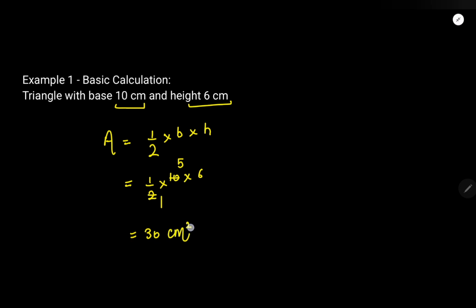You know what? Area is a two-dimensional quantity. When we were finding perimeter, the unit was just centimeter. But in area, the unit is centimeter square. Because now you are multiplying two quantities, so the units will also get multiplied. Centimeter times centimeter is centimeter square. So the area is 30 centimeter square.